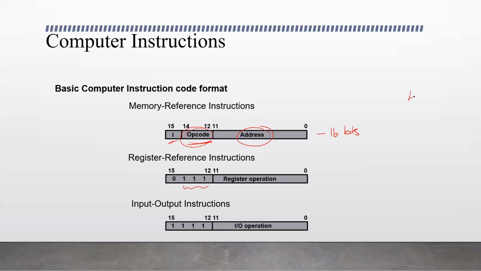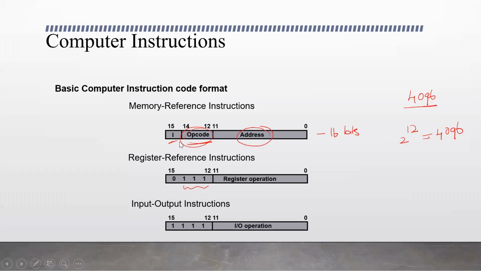Because the memory is of size 4096. To specify the memory words of this particular memory, we need 12 bits, because 2 power 12 is 4096. This is what decides the number of bits in the instruction code for specifying the address.